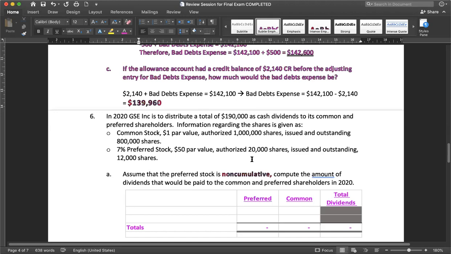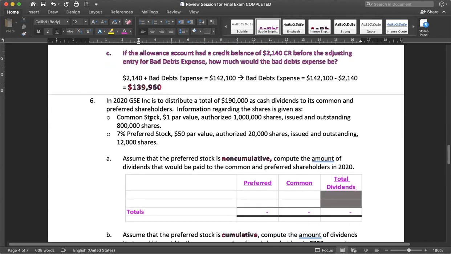And recall that we only pay dividends on outstanding shares. So if they had bought back some treasury shares, then the outstanding shares would have been less than the issued, but we only pay dividends on outstanding shares. Then there's also, in addition to the common stock, 7% preferred stock, $50 par value, authorized 20,000 shares, issued and outstanding are 12,000.